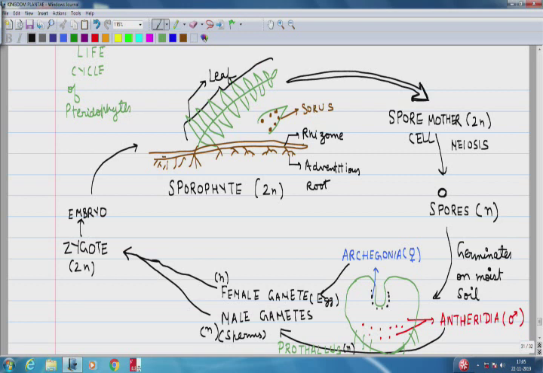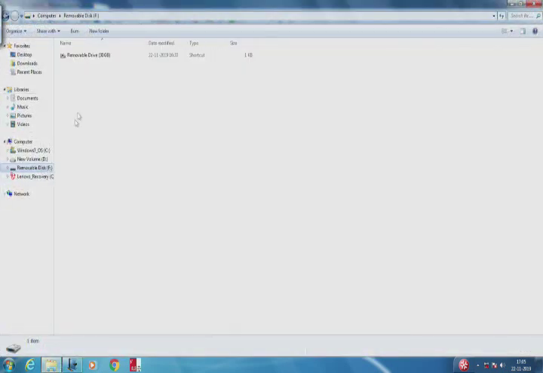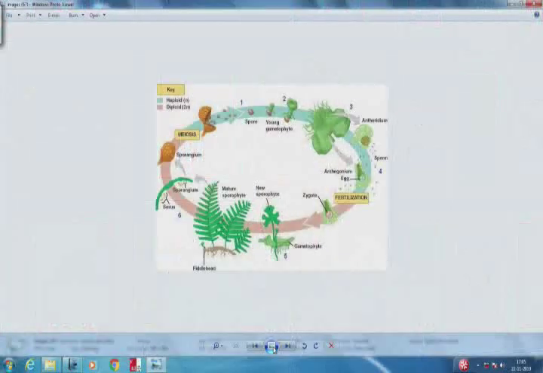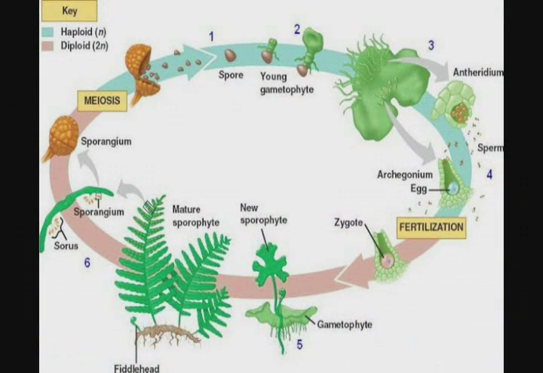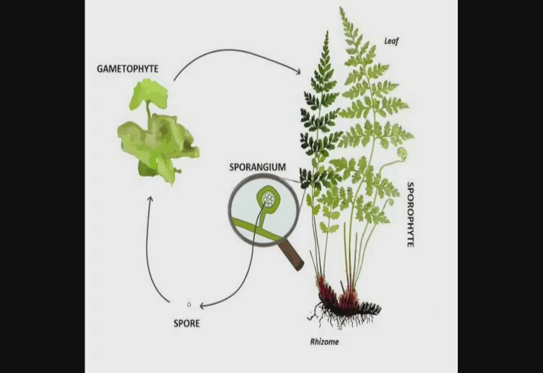This is also shown in this diagram here. Haploid and diploid generations are shown by separate colors.